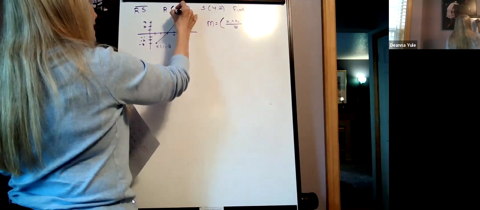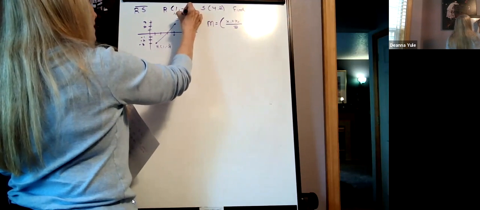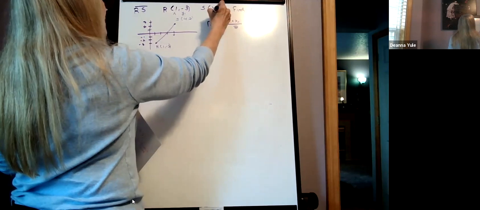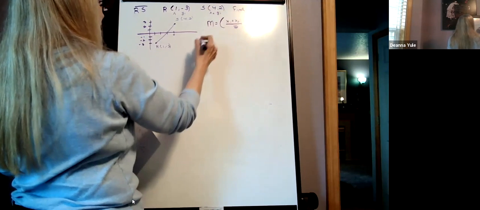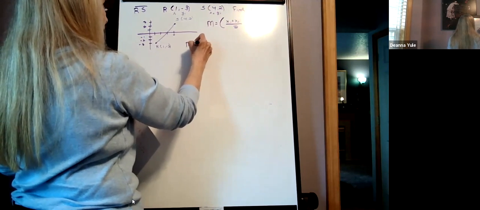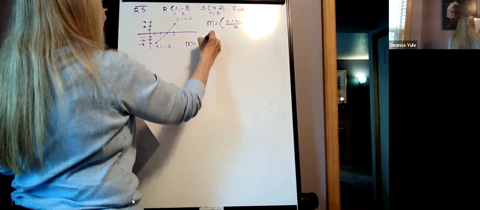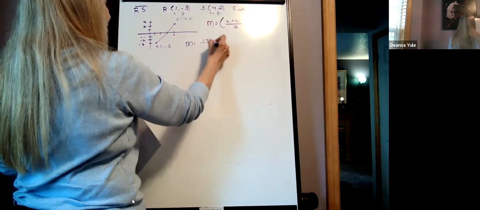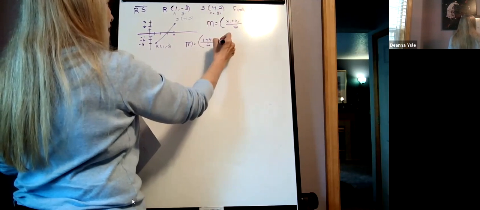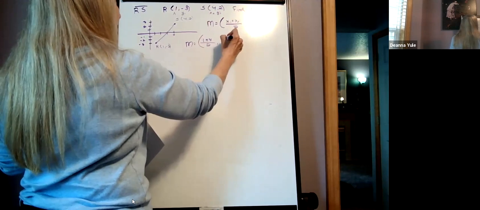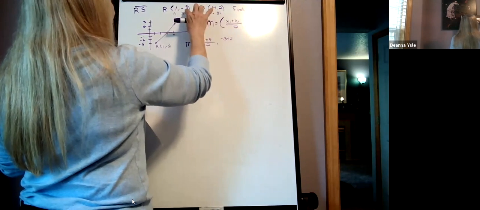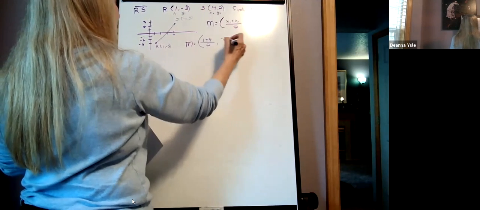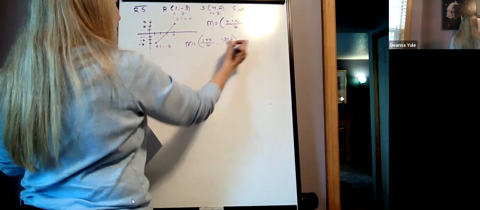So here's x1, y1, here's x2, y2. So the midpoint is going to be 1 plus 4, I'm adding up the two x's, divided by 2, comma, -3 plus 2, I'm adding up the y's, -3 plus 2 divided by 2.